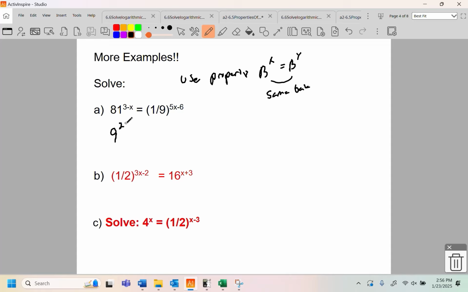So I'm going to rewrite 81 as 9 squared, and I'm going to keep the exponent, which was 3 minus x. One more. 1/9 is 9 to the negative first, but I'm going to keep the exponent there.